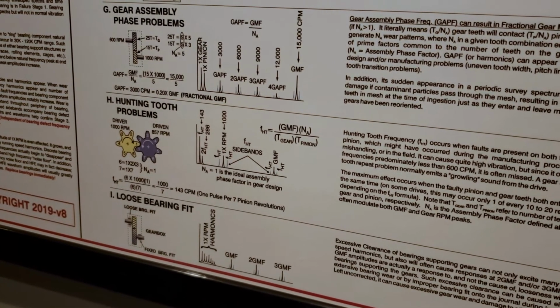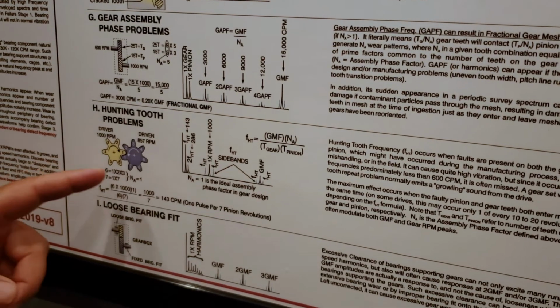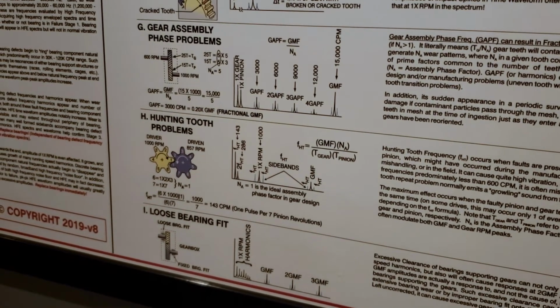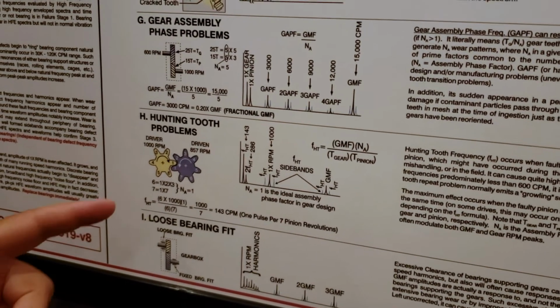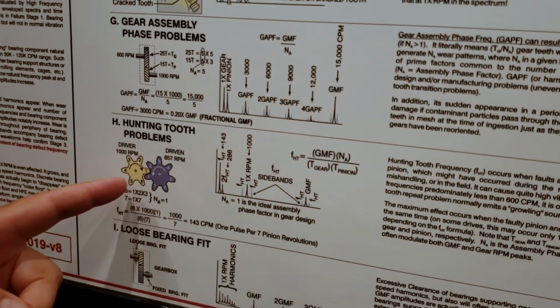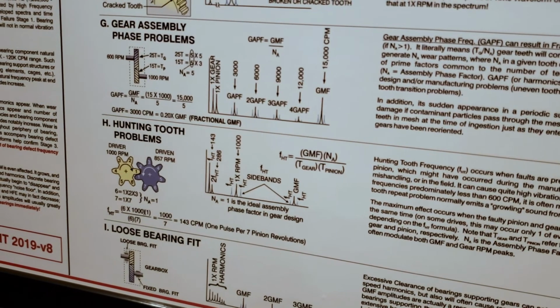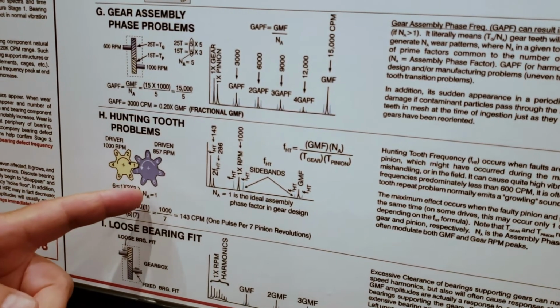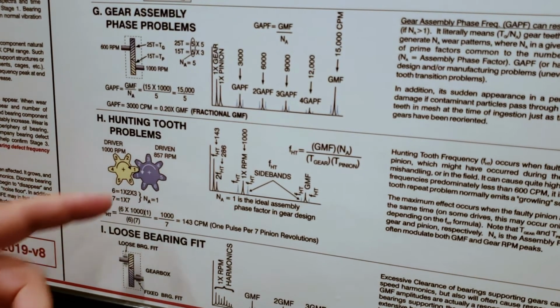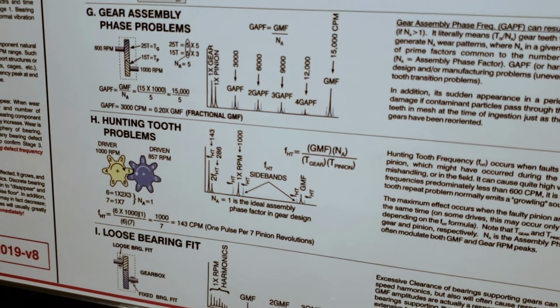Now, let's look at an example, and we're going to use the one here in the Wall Chart. We have a 6-tooth pinion that's running at 1000 RPM, meshing with a 7-tooth gear that's running at 857 RPM.